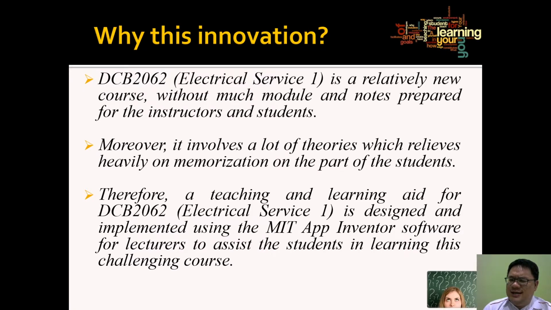Therefore, a teaching and learning app for DCB 2062 is designed specifically, implemented using MIT App Inventor software, for lecturers like myself to assist the students in learning this challenging course. So they have an innovation tool to guide them through their studies.